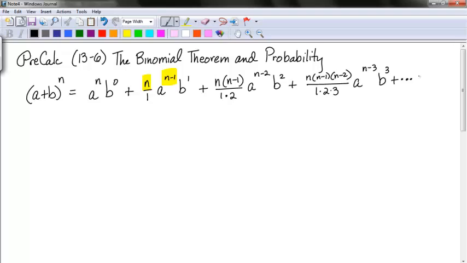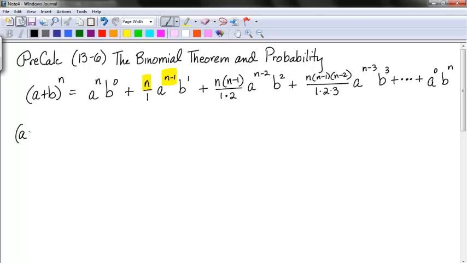Then dot, dot, dot to show we left out terms. And you go all the way down to a to the 0 and b to the n. That's where it stops. Now, you don't have to write that formula out, you just have to be able to use it. When we do the binomial theorem, this can be written another way.